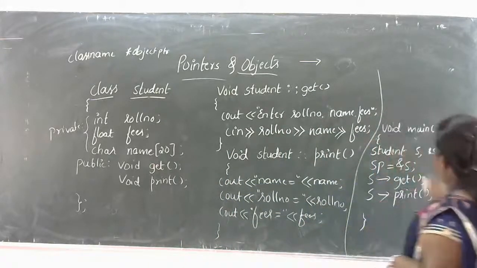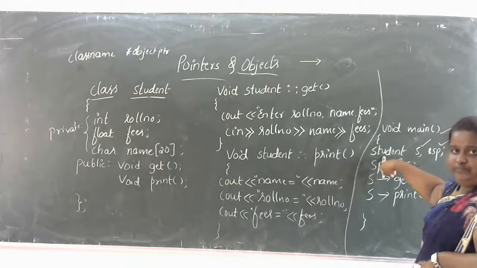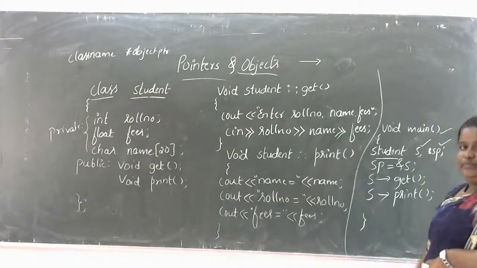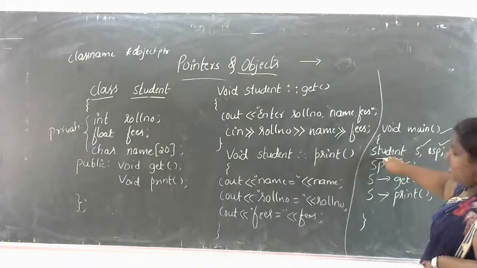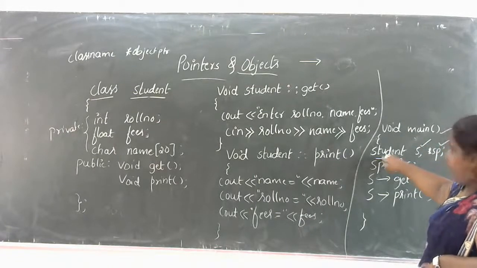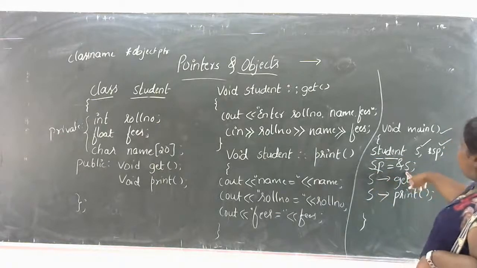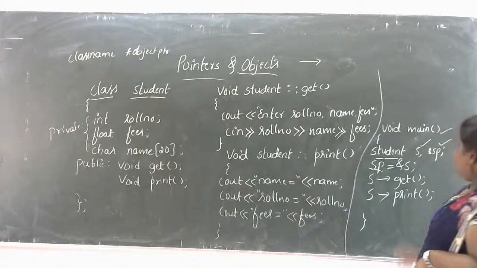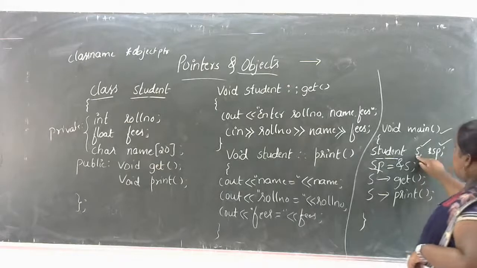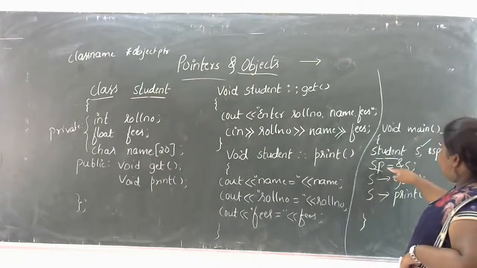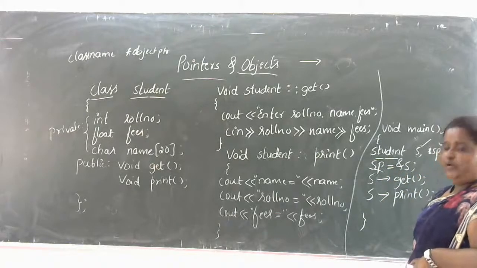Here the object and object pointer are of type student, that is, class data type. Object and object pointer should be of the same class name, and you are storing the address of your object into the object pointer. What is the object pointer here? Star sp. sp is the object pointer and s is the object.